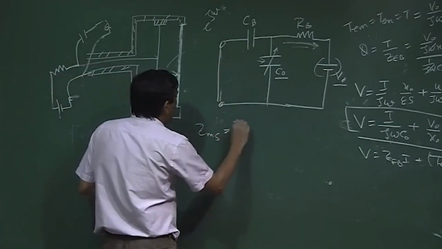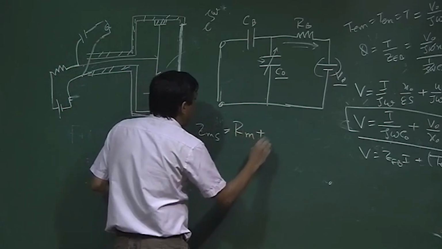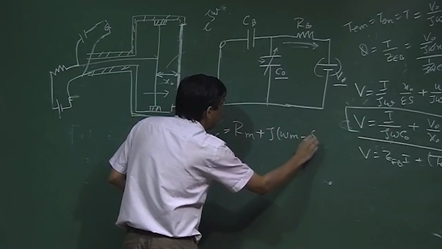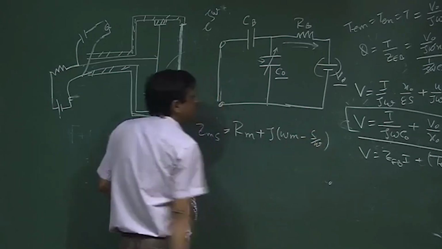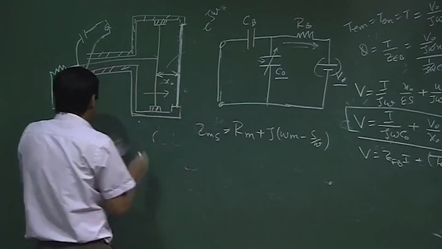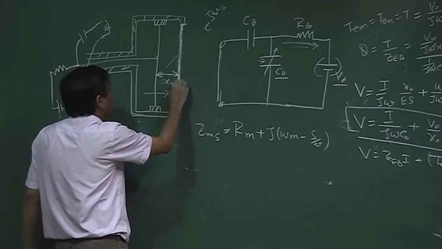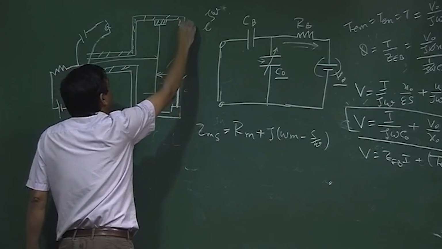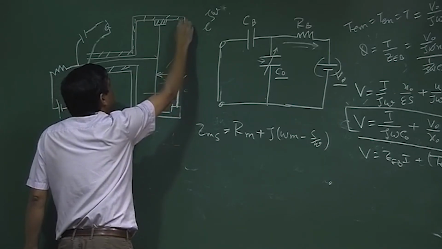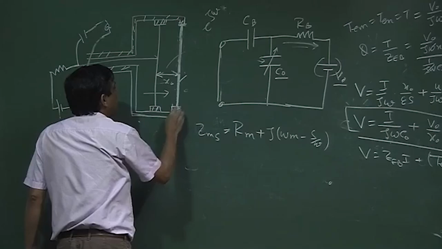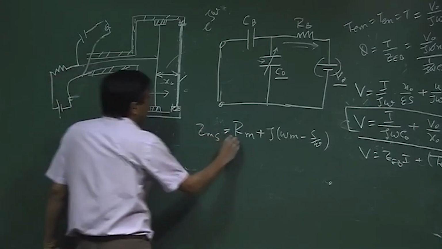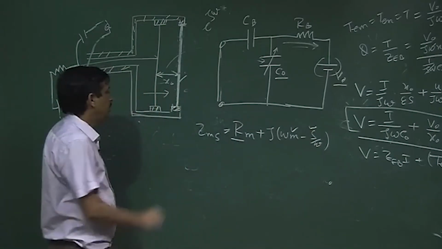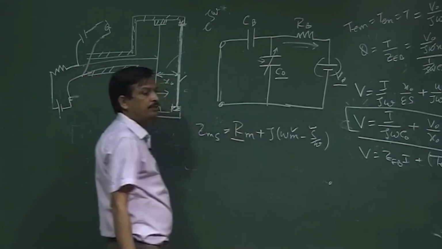So, I can say this is nothing but Rm plus j omega m minus S by omega. Spring mass system, because this is a diaphragm, has a stiffness and has a mass, and it is hosted on a mechanical resistance. So, mechanical resistance, stiffness and mass of the diaphragm is nothing but ZMS.